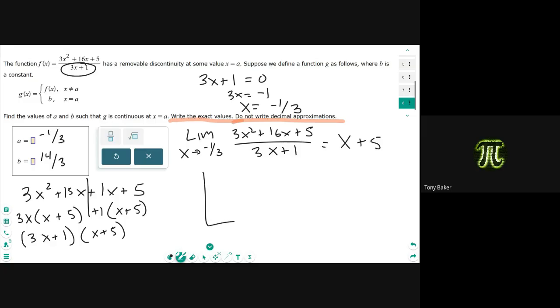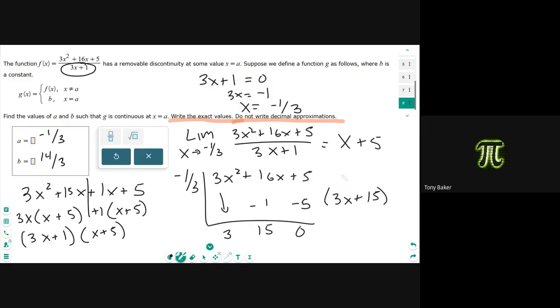The other way you could have done this, since we have that negative 1/3, you actually could have done synthetic division. And you'd be left with 3x plus 15, which if you multiply by the 1/3, or if you took out the 3, you get the x plus 5 left over.